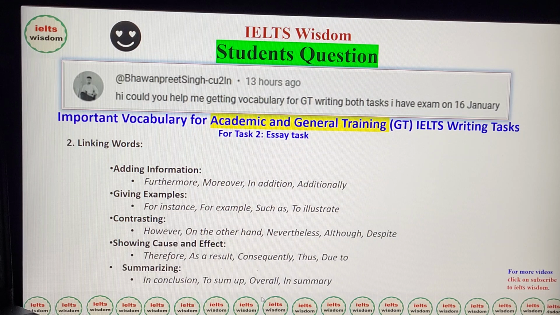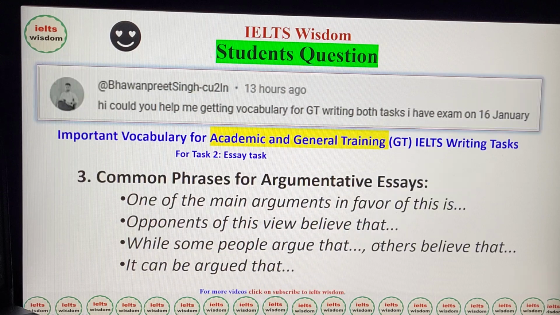And for summarizing, you can use words like in conclusion, to sum up, or overall, in summary. These vocabulary words are really useful. Learn and memorize them, so in that way you can get a high score in your writing exam.